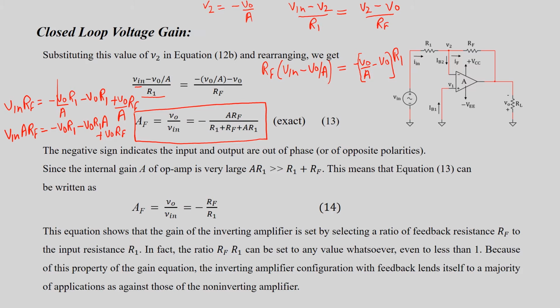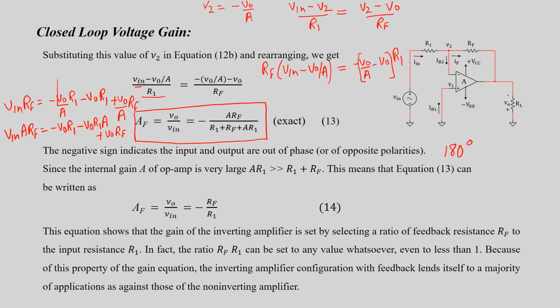So the negative sign indicates that input and output are out of phase by 180 degree or of opposite polarity. In fact, because of this phase inversion, this configuration is commonly called inverting amplifier with feedback.